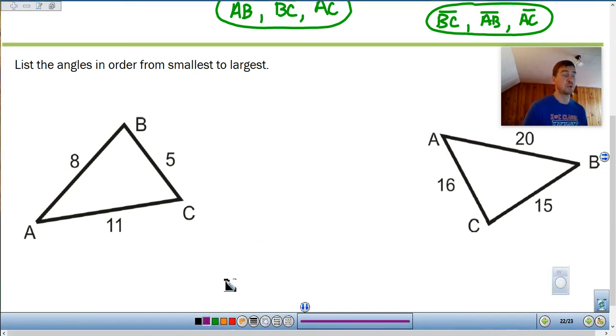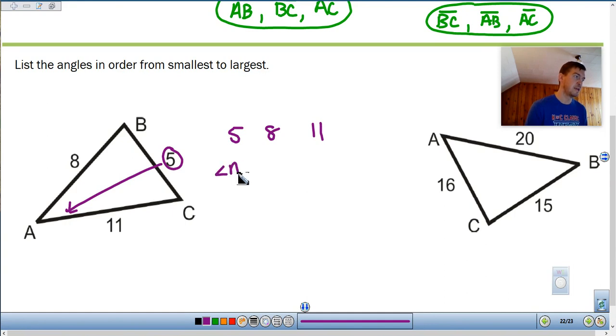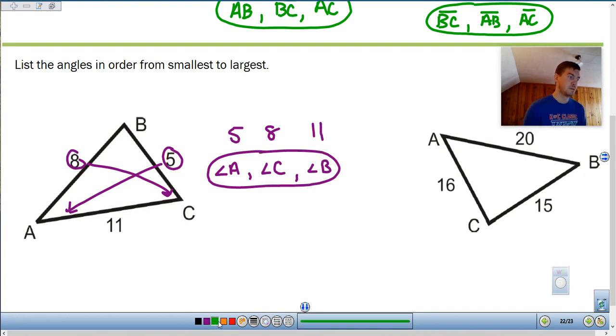These are simpler than the previous ones because we already have all 3 sides. You simply find the smallest side, 5, then 8, then 11. Go across, that's the smallest angle then. So angle A, angle C, and then lastly angle B. And then over here, same thing. 15 is the shortest side, then 16, then 20.